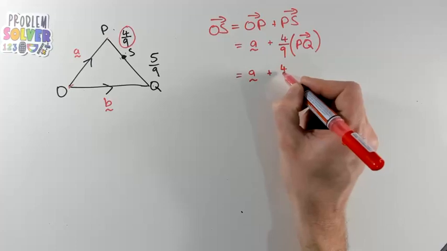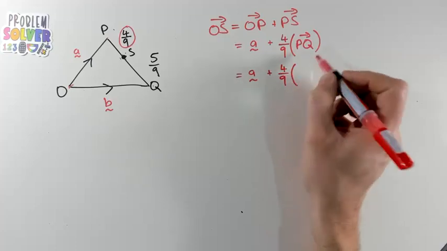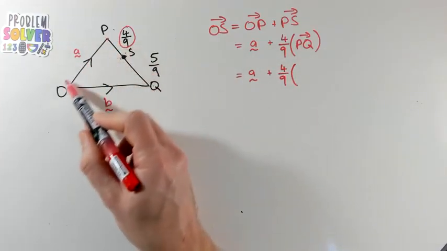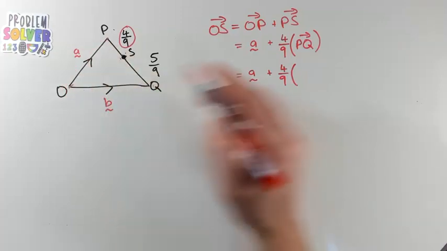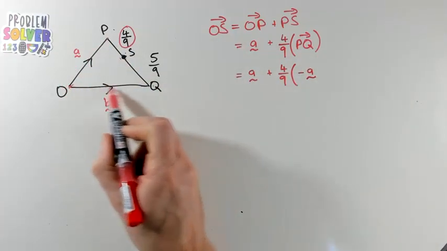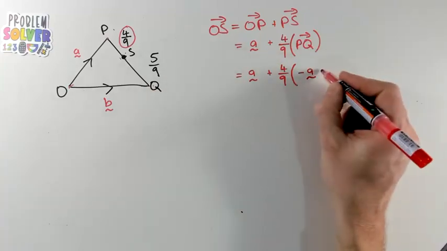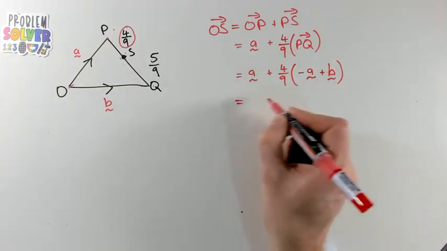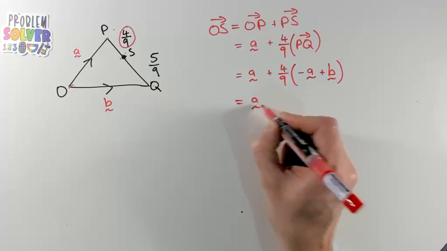And this 4/9 just stays there. And PQ, if I start at P and I want to get to Q, I can take that route, which is in the opposite direction of A. So it's going to be negative A. And it's in the same direction as B. So plus B.